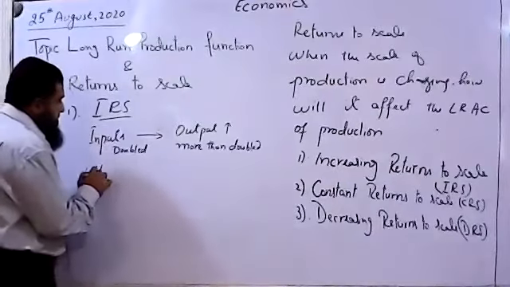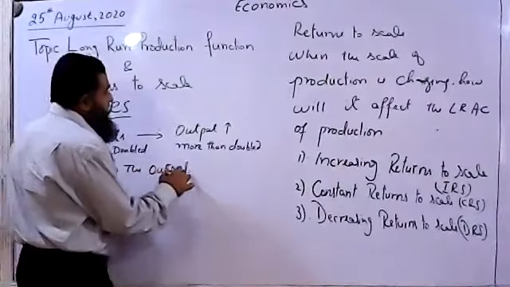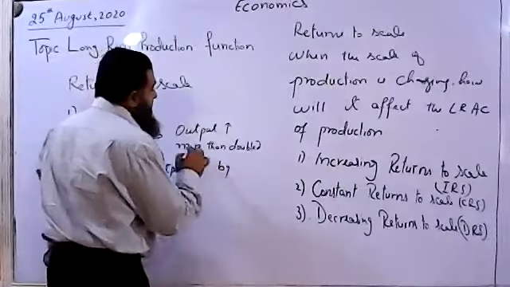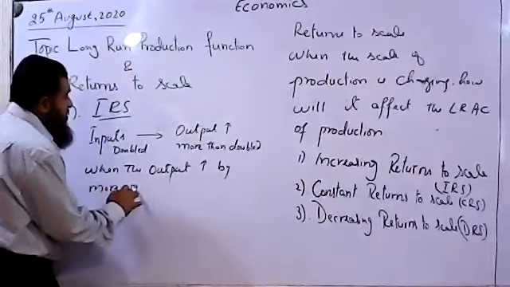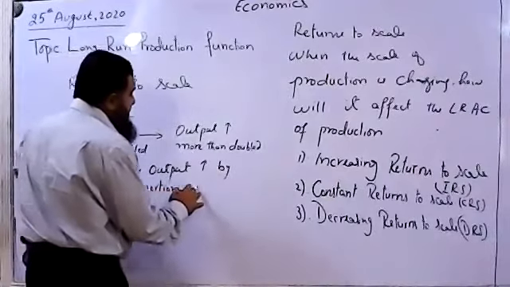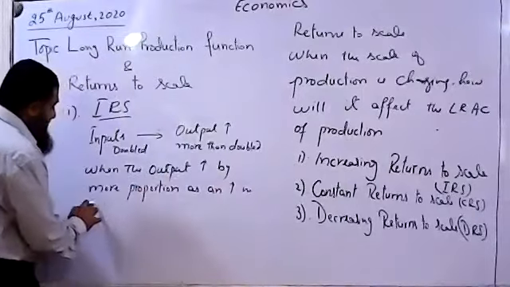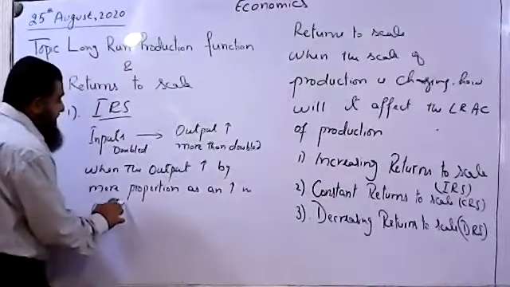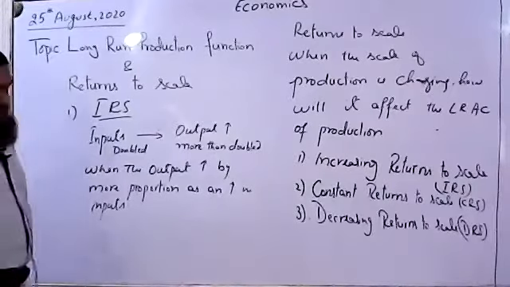When the output increases by more proportion than the increase in inputs, that is called increasing returns to scale, or IRS production function.